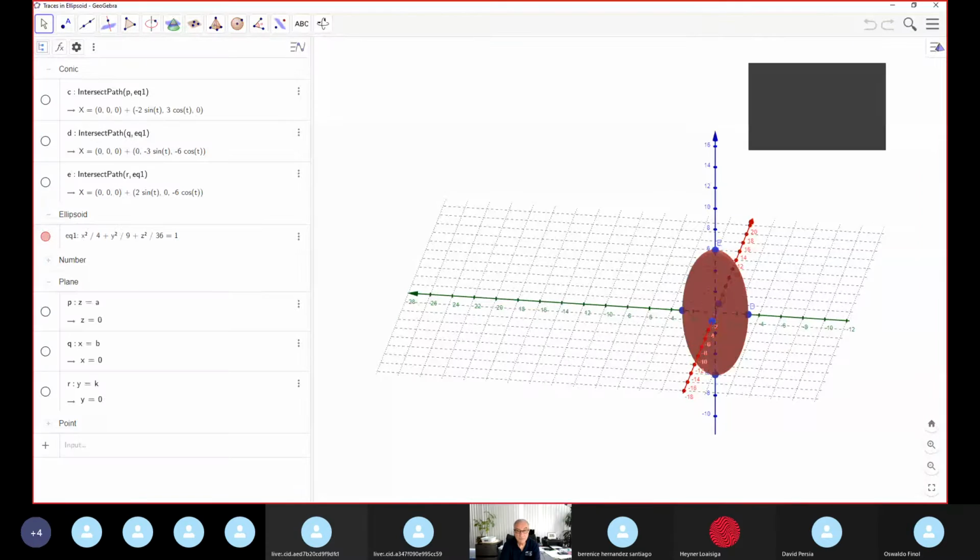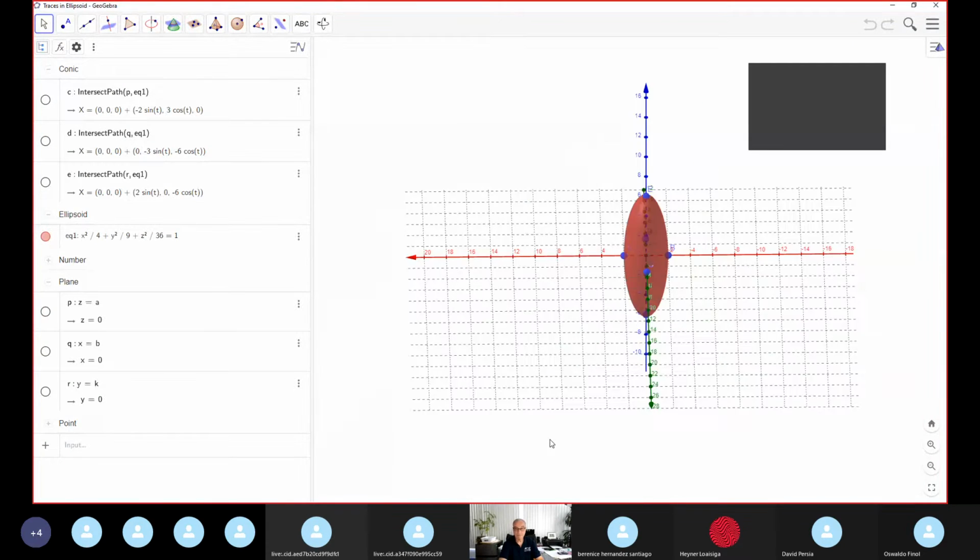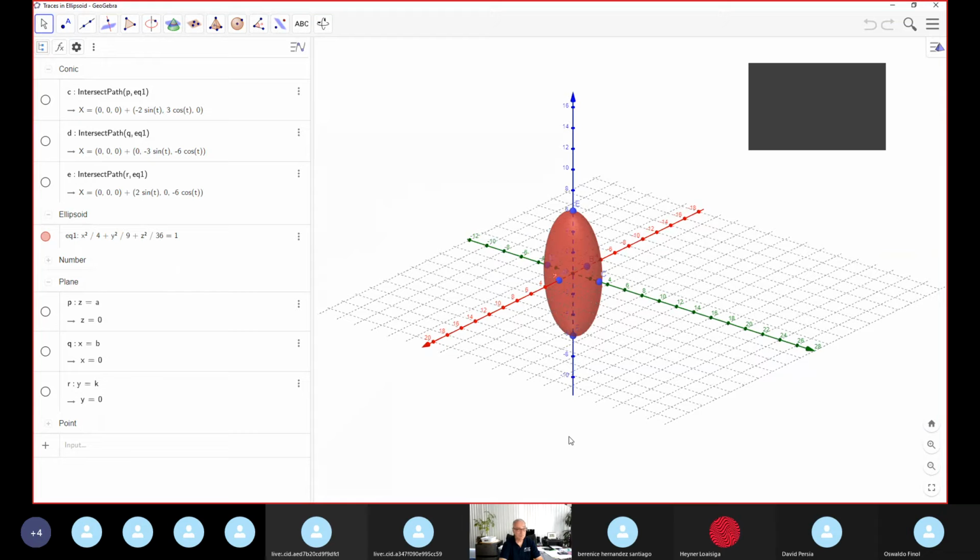Do you see that? Yeah. So we have the axes: red is X, green is Y, blue is Z. And you see the famous point.